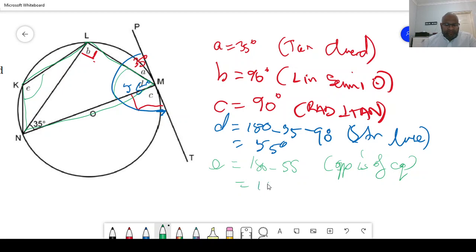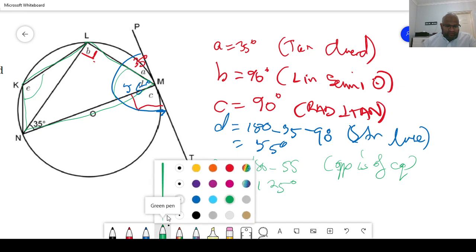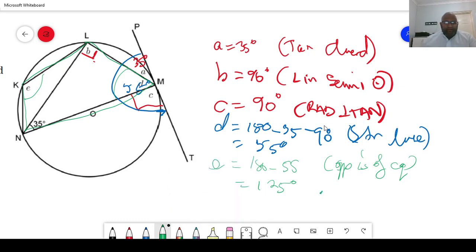So it's going to give you 125 degrees. Okay, let's make this pen a bit thicker. Okay, so let's get the next question.